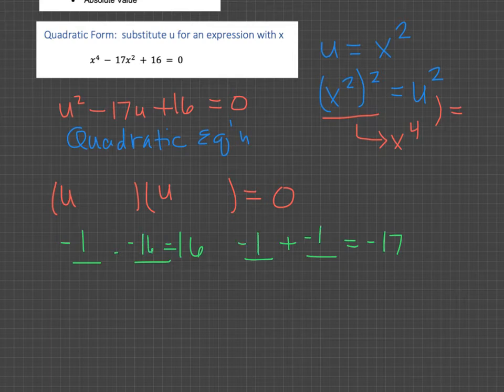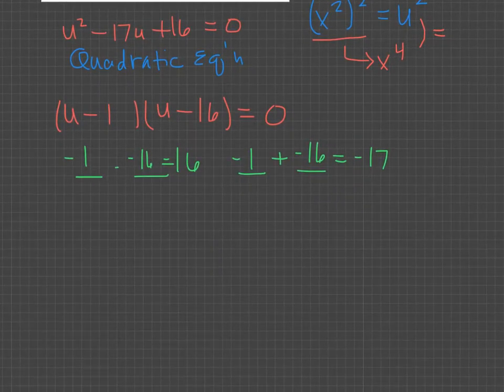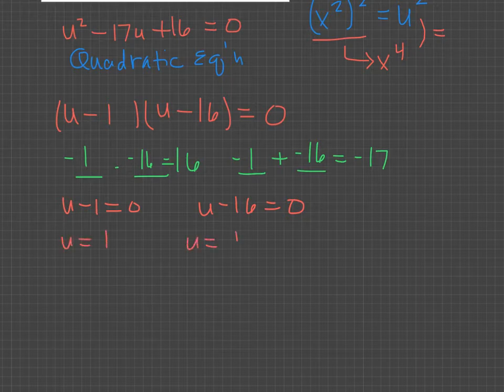That satisfies both of those. So that goes in here. Minus 1, minus 16. And then the next step is we're going to set each of those factors equal to 0 and solve. So we get u equals 1, u equals 16.